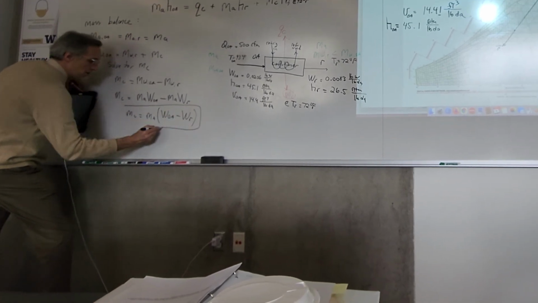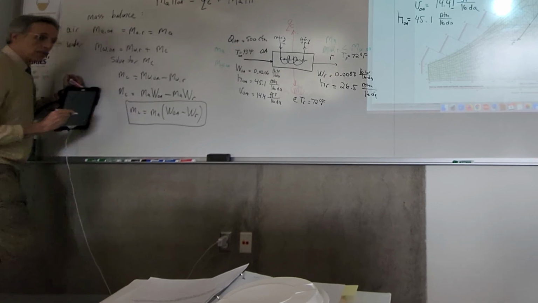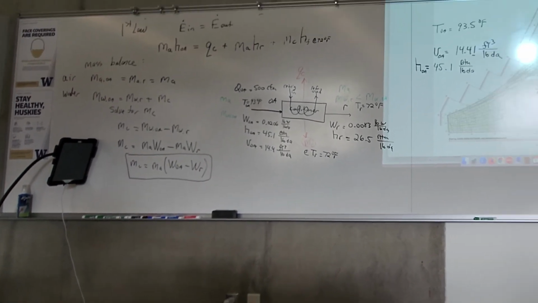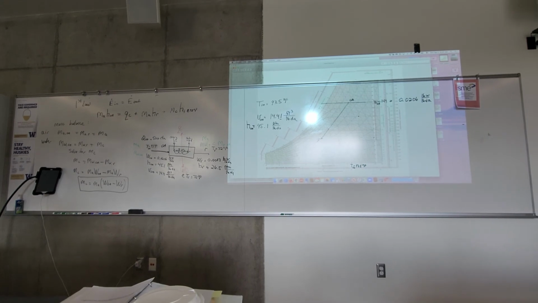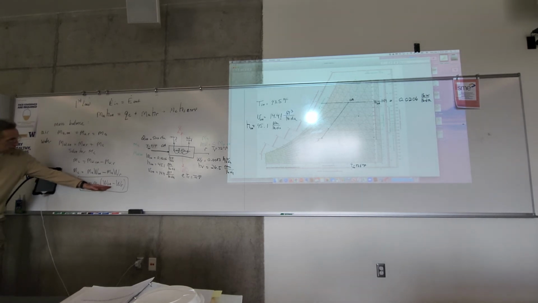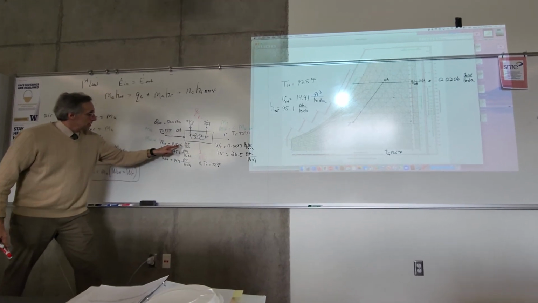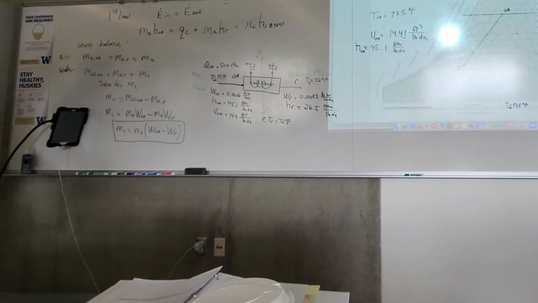And this is an equation that we'll see quite often because it's telling us how much water we're going to drain out of our air conditioning, how much water is being pulled out of the air that we're cooling. So it's the mass flow rate of the air times the difference in the humidity ratio between the two streams.